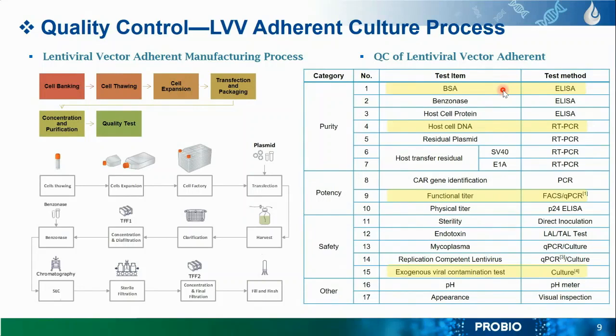One of the challenges of QC testing is that the viral vector has a high degree of complexity, as it's a class of biologics. I have marked the very important CQAs here in yellow. We use different kinds of tools which are crucial in process development, and they play a very important role in the downstream process.